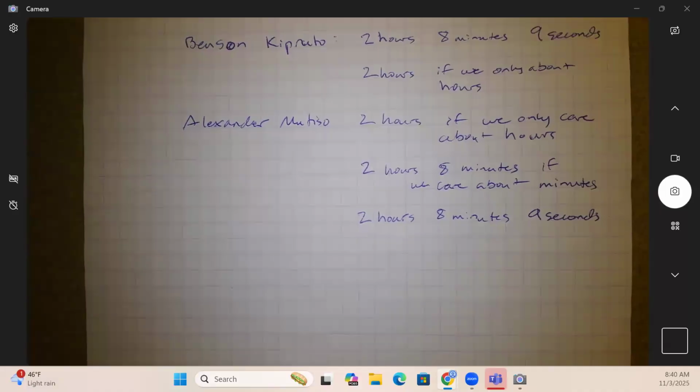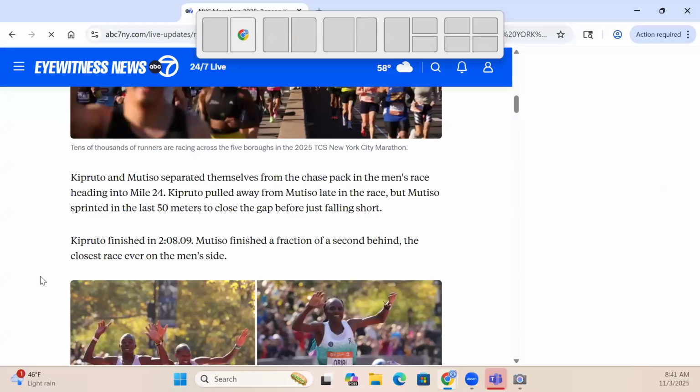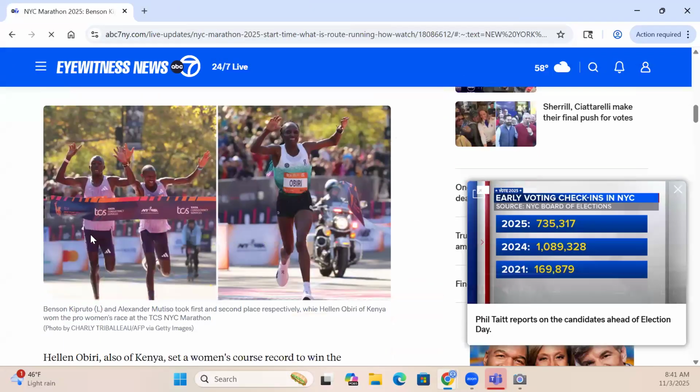And that's actually what this newspaper article reports. It only reports it to seconds. So according to this news article, what happened in the New York Marathon? They tied, but that's not true. Here's a picture. There's Benson Kipruto on the left.